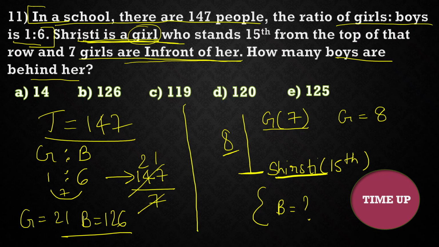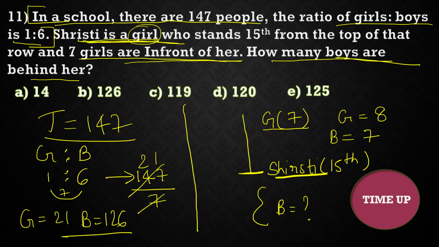So how many boys will be in front of Srishti then? You do 15 minus 8, so 7 boys will be there. Understood the concept? Now, the question says how many boys are behind her?